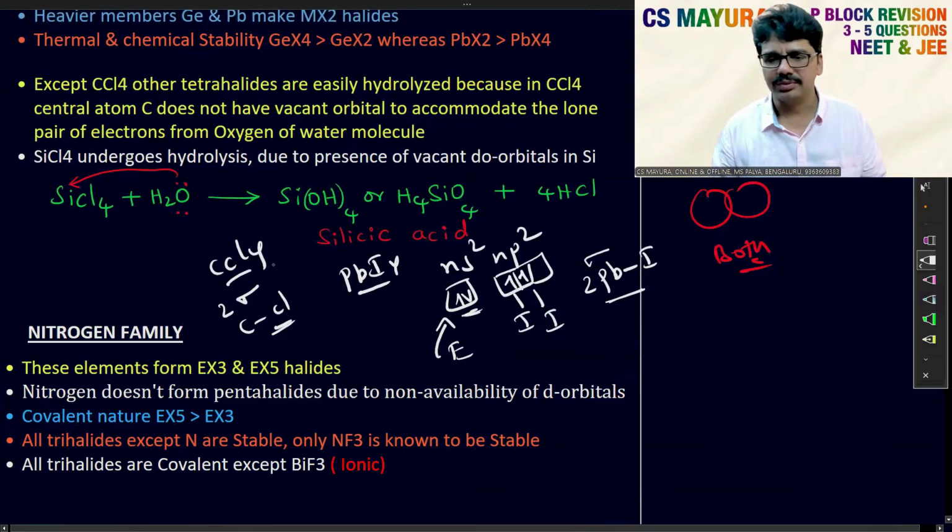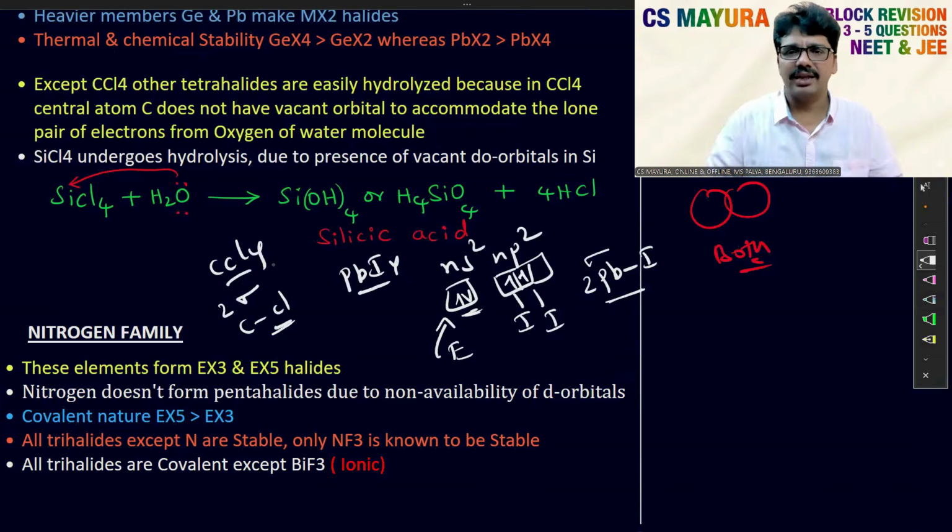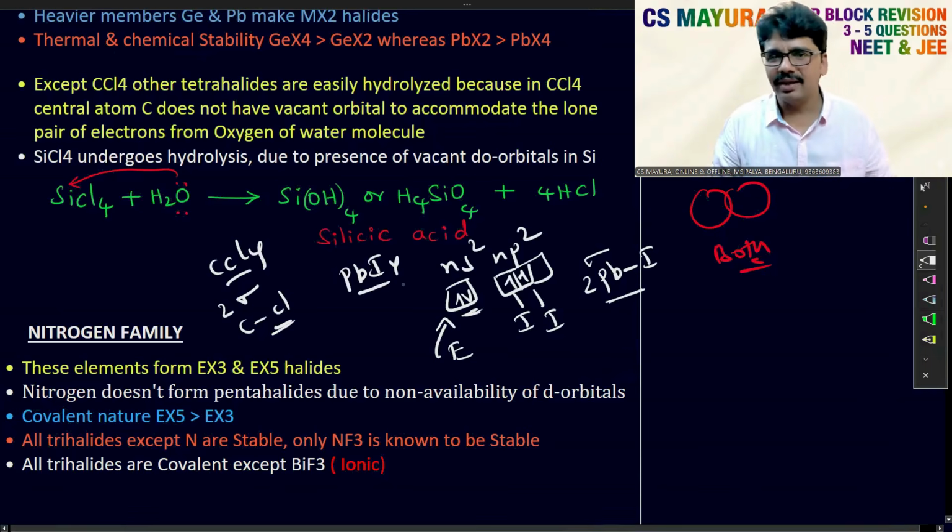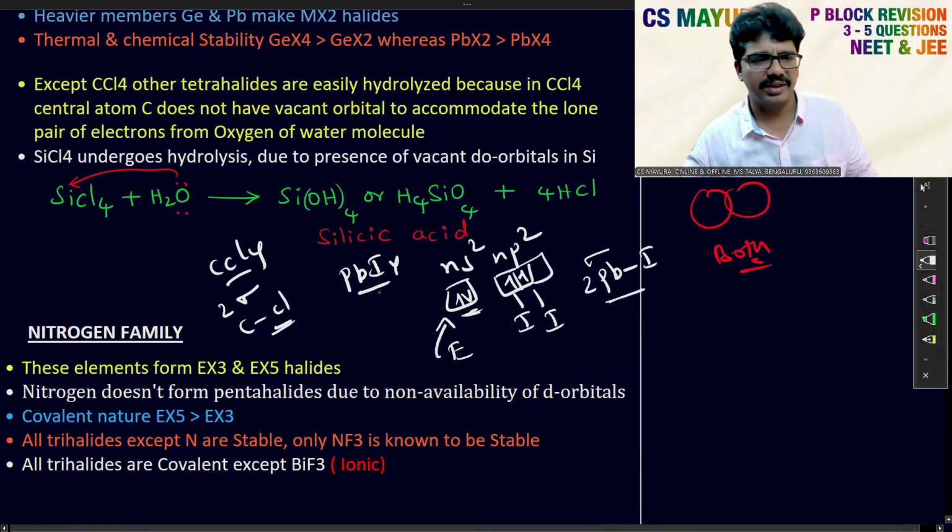Then another bond is formed. So the carbon-chlorine bond enthalpy is sufficient to excite the ns electrons of carbon, but the lead-iodine bond enthalpy is not sufficient to excite the ns electrons of lead. That is the reason why PbI4 does not form. In simple words, it is also the inert pair effect, but this is the NCERT explanation for that.